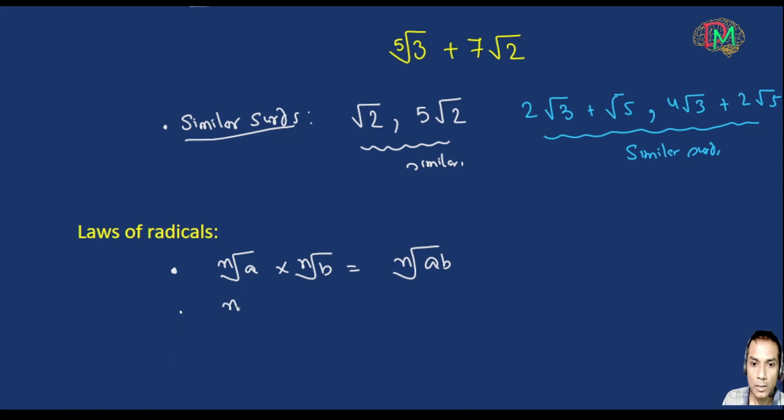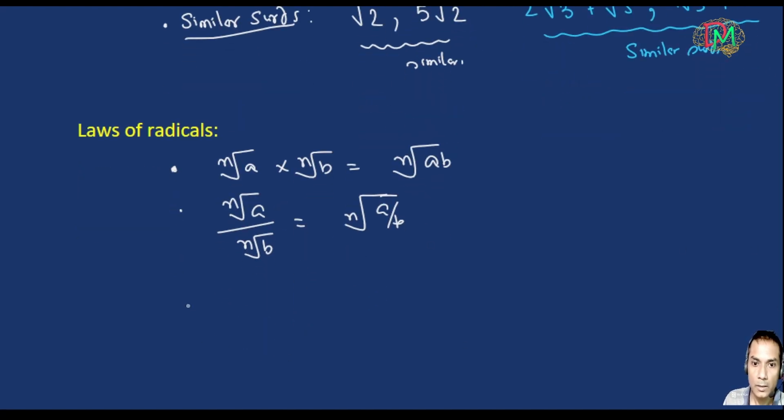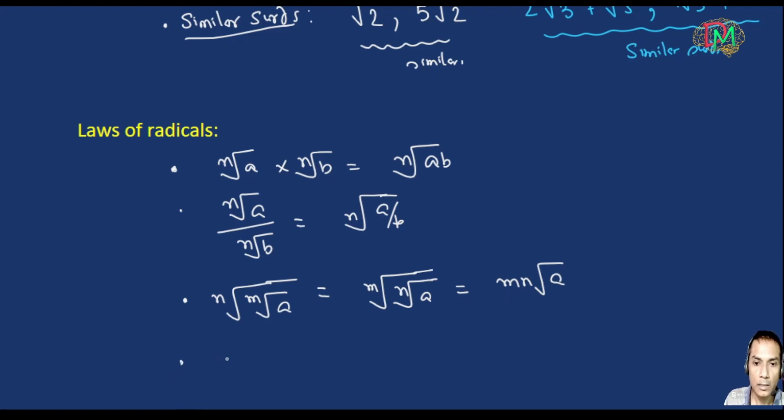And also nth root of a divided by nth root of b, we can simplify as the nth root of a by b. Clear?